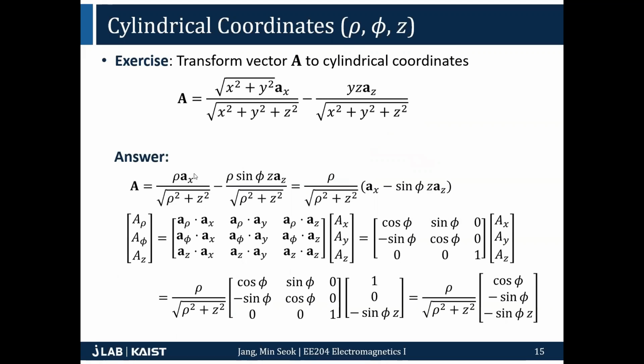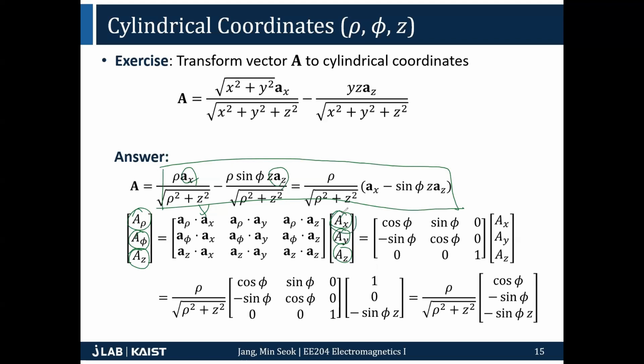So first, as I said, you change things into rho phi z, but maintaining ax and az. And then second, you change xyz to rho phi z basis using this basis transformation, right?